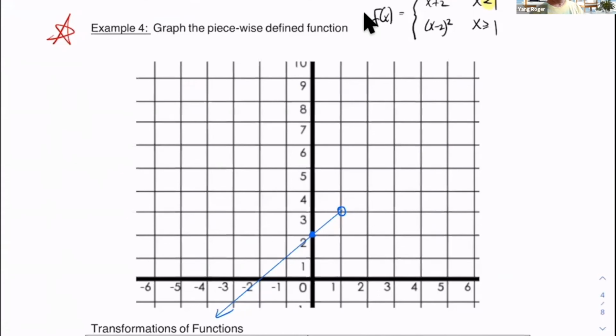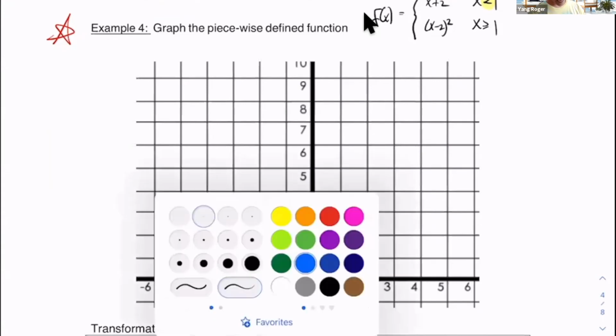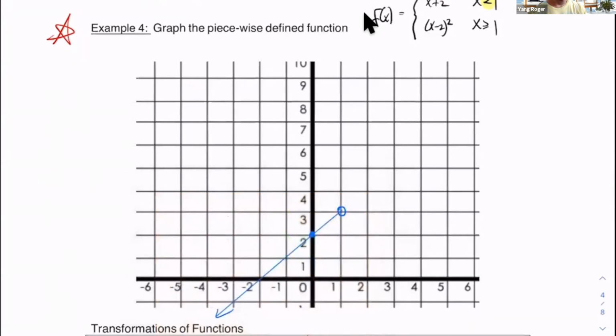Okay. So when you look at this second guy, how would you describe this function? Any thoughts? A quadratic.